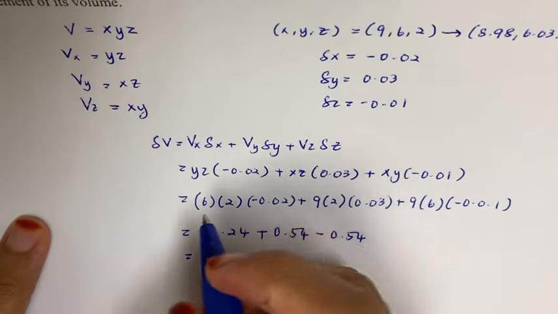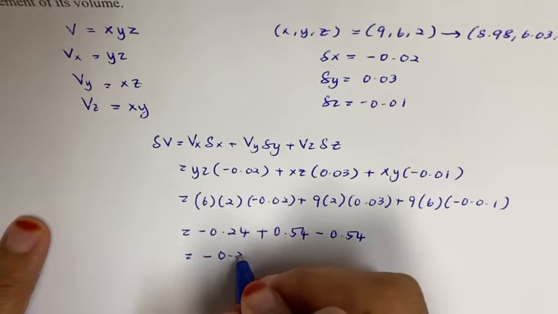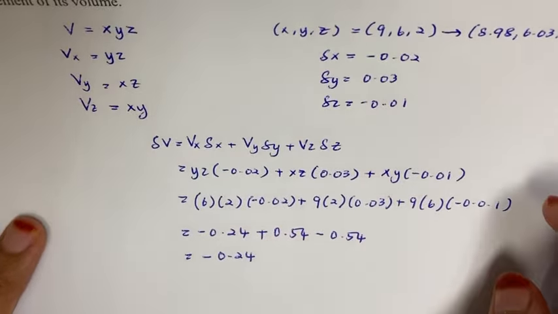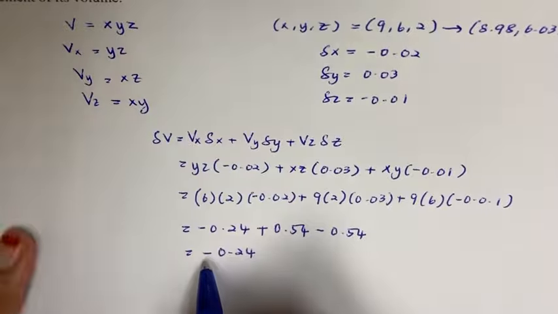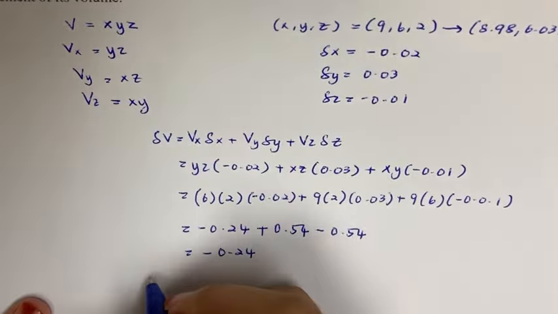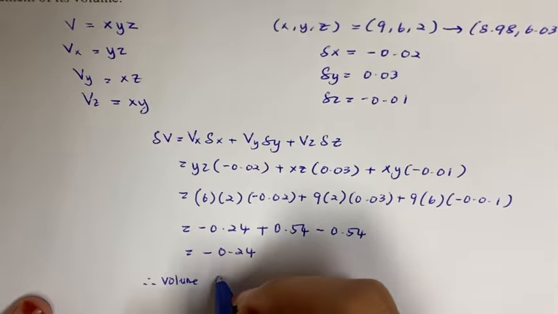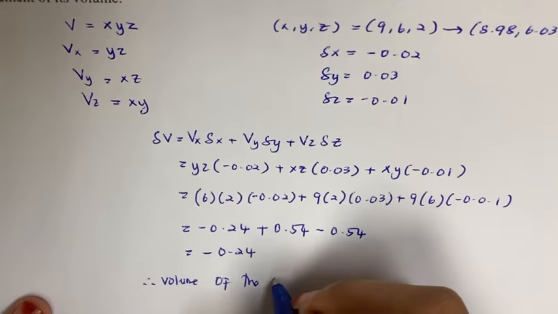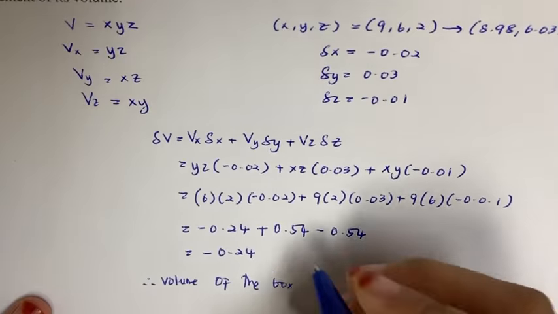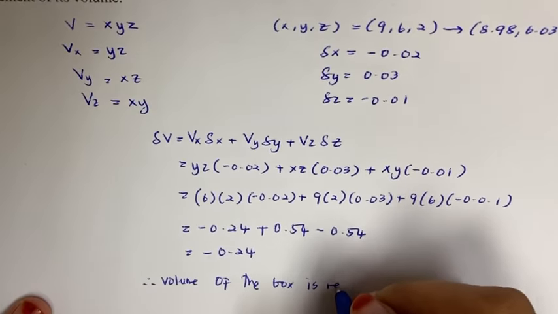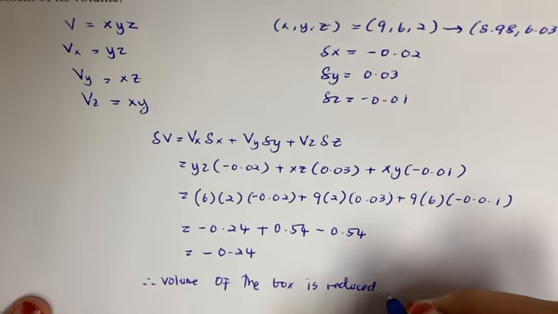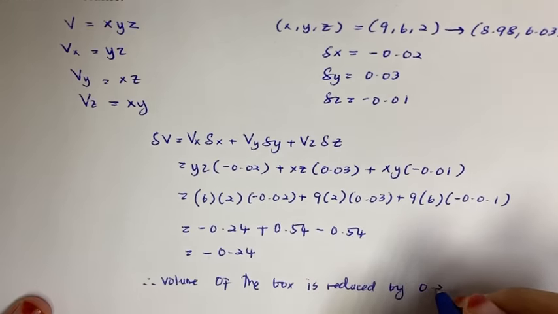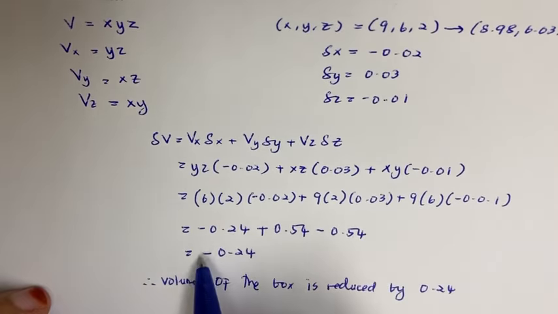So cancel this out, and you have minus 0.24. So what does the minus sign here mean? The negative sign here means we can conclude that the volume of the box is reduced by 0.24.